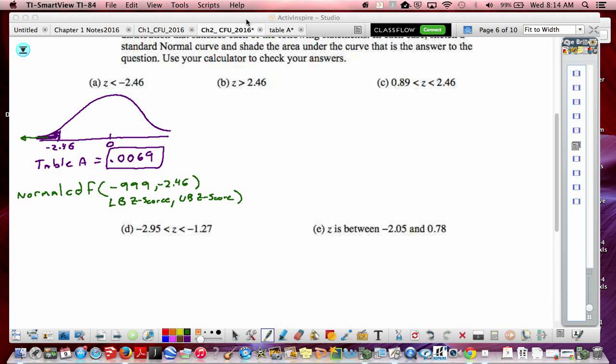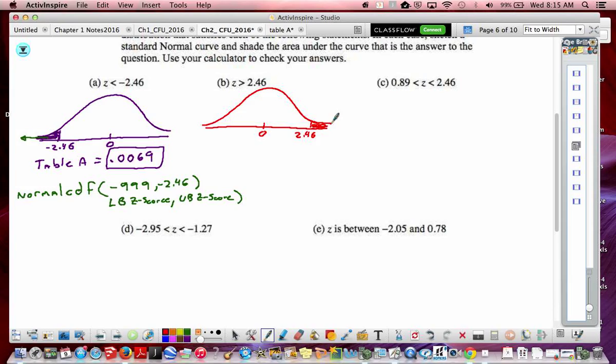All right, let's continue on with B. So now we're doing it being greater than 2.46. So now we're looking at, here's 0, so 2.46 and above. Now some of you might be saying, well, it's symmetric. I know that the answer is going to be 0.0069.